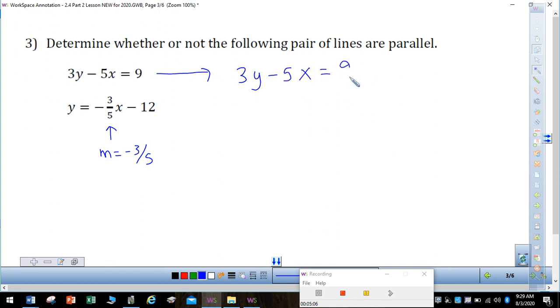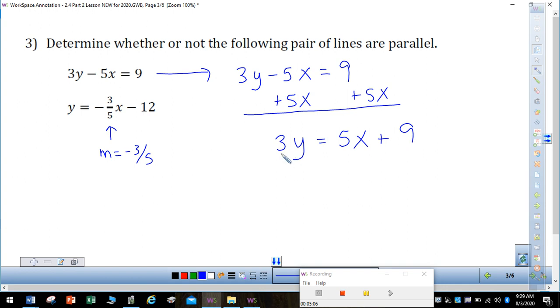We're going to need to do a few steps to get y by itself, so let's start by adding 5x to both sides. So that'll look like this, 3y equals positive 5x plus 9. Then to get y by itself, we're going to divide everything on both sides by 3. So we have y equals 5/3 x plus 3.